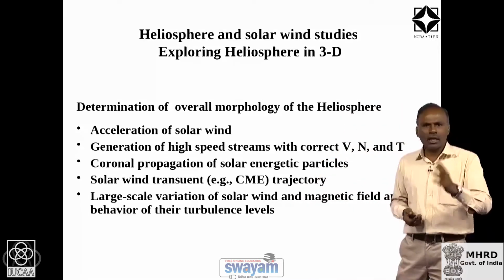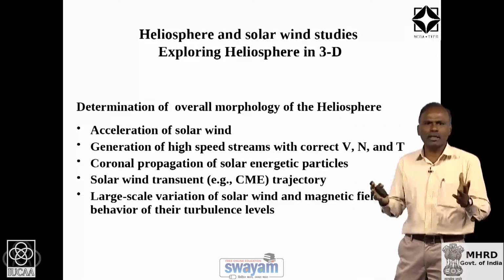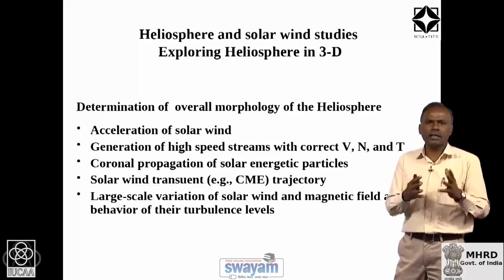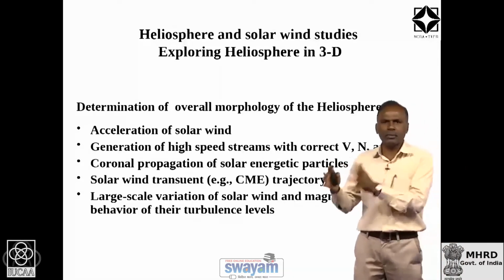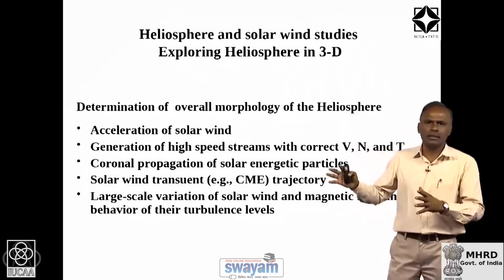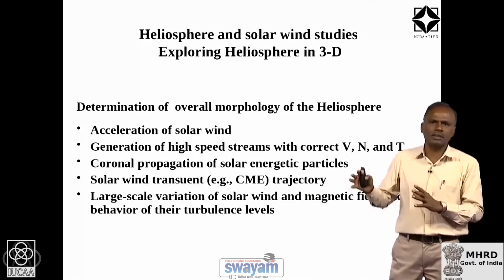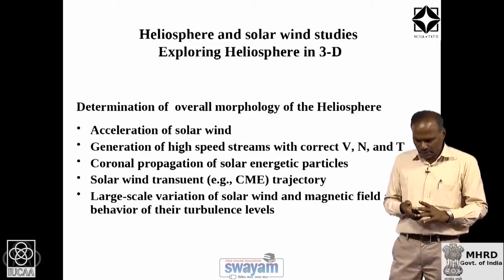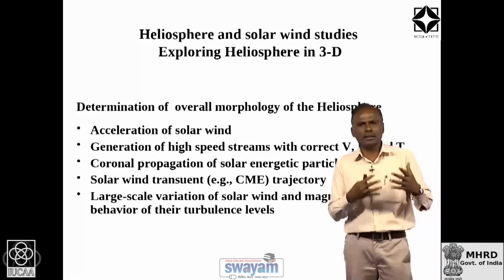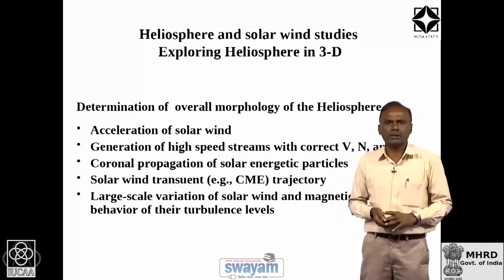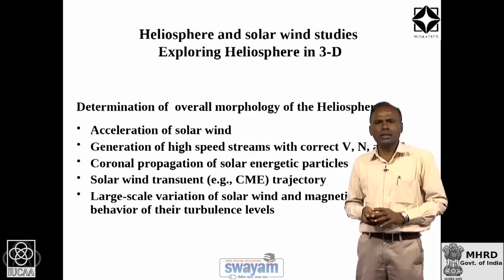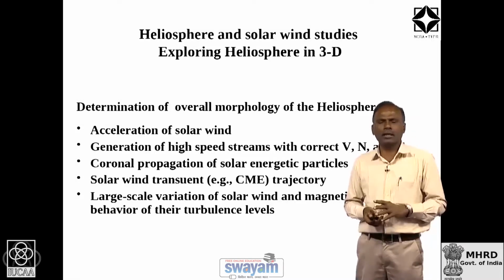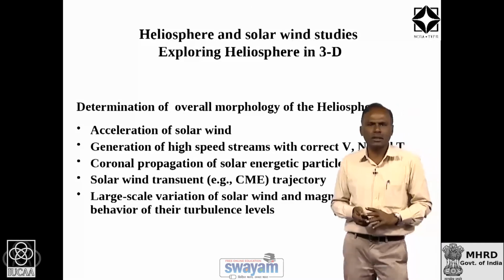Also, the large scale variation of the solar wind and magnetic field and their behavior in interplanetary space, for example the large scale variation of solar wind, magnetic field and turbulence level with varying distance from the sun, as well as a function of solar cycle. These are all important studies one needs to do to understand the global properties of the solar wind.